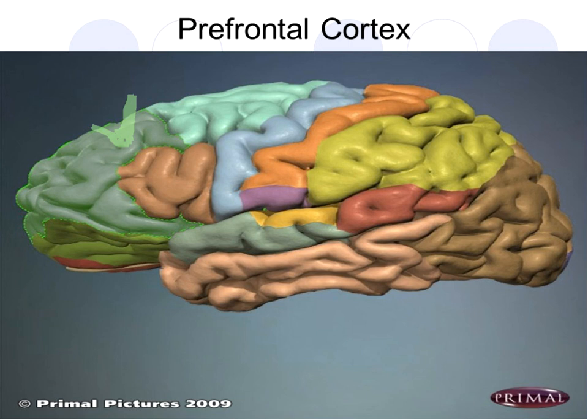So first find the central sulcus, the sulcus of Rolando, the fissure of Rolando. And then you'll see the precentral gyrus in front of it. And then you'll see the superior frontal gyrus, the middle gyrus, and the inferior frontal gyrus.